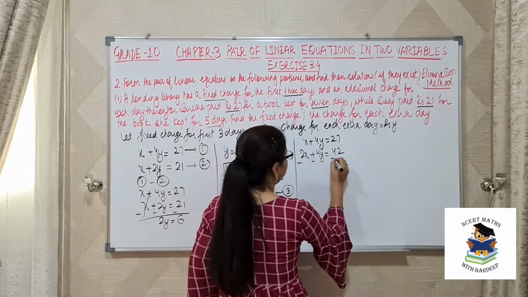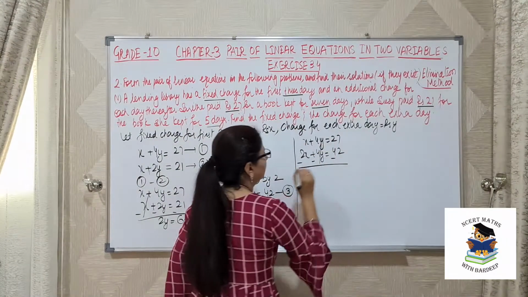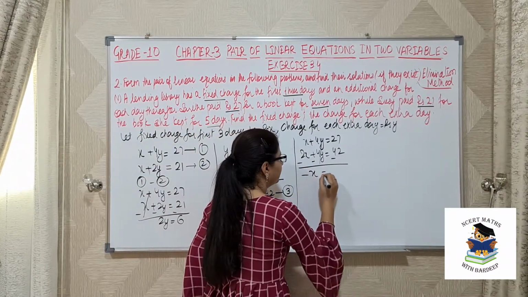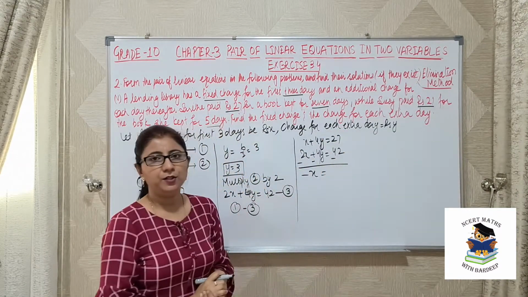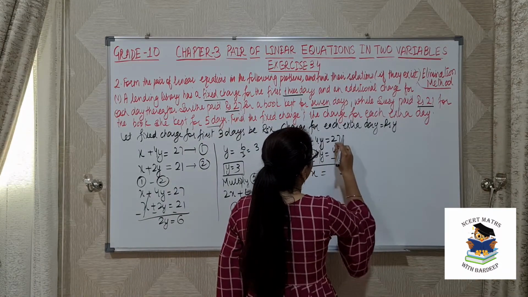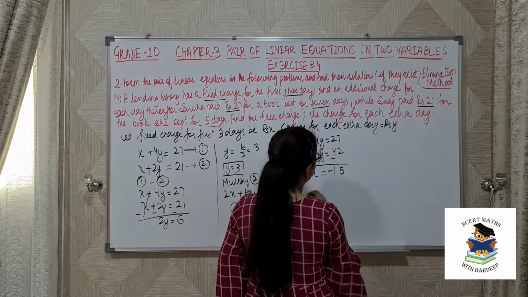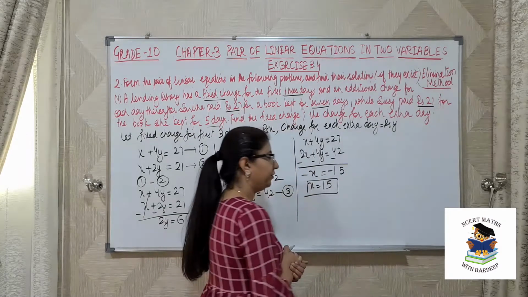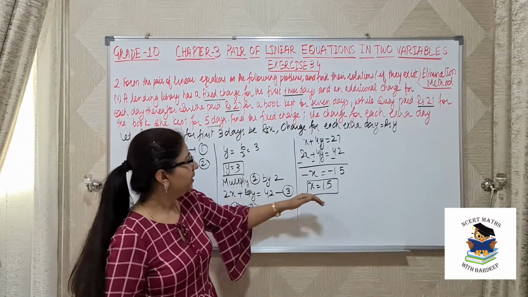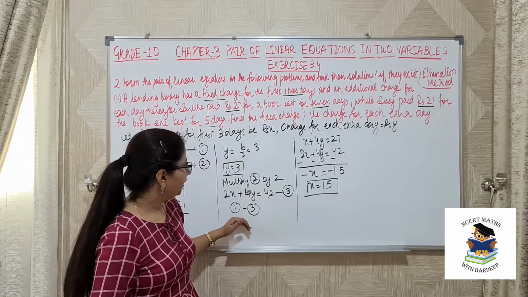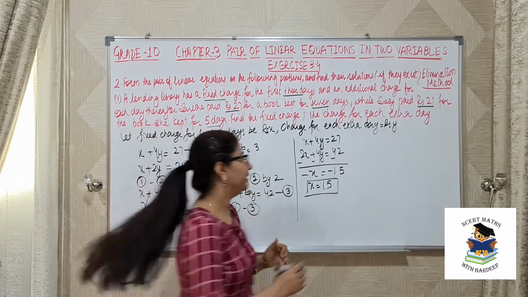Since subtraction changed the signs, this is cancelled. x minus 2x is minus x. 27 minus 42 is minus 15, so x is equal to 15. So the fixed charge is 15 rupees and the charge for each extra day is 3 rupees.